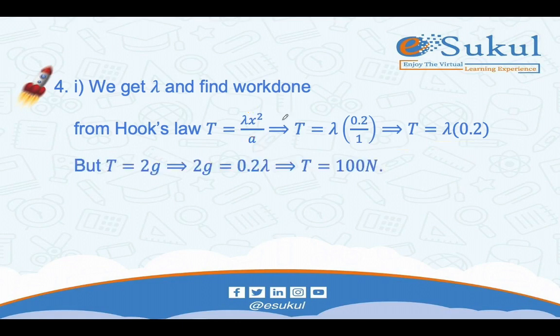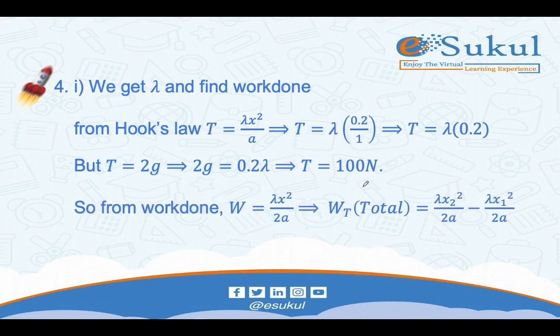We remind ourselves that T equals mg, with the mass being 2 kilograms. So replacing it and solving the linear equation, we then have tension as 1000 Newton. So from the work done, we then have lambda x squared over 2a. That's the total work done, but take note that we have it at x2 and at x1.